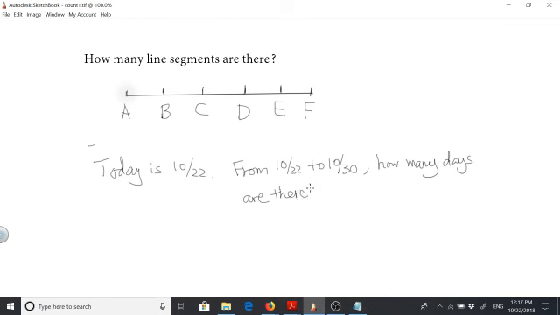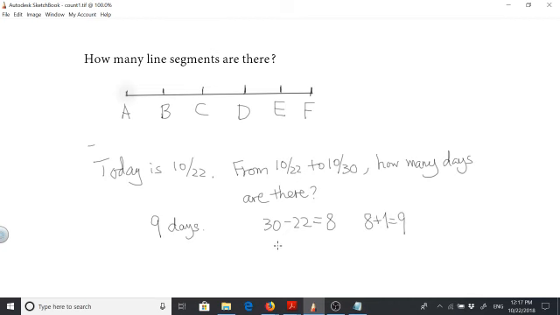Okay, this is a very simple counting problem. By now you should have answers. What is the answer? The answer is 9 days. I hope you didn't answer 8 because 30 minus 22 is 8, but that's not the amount of days we have because the amount of days is actually one more.